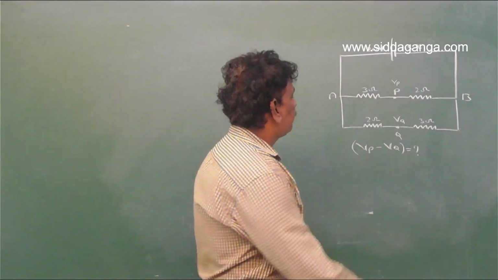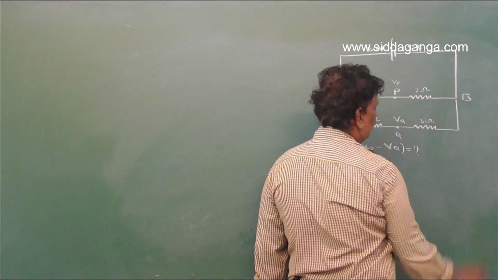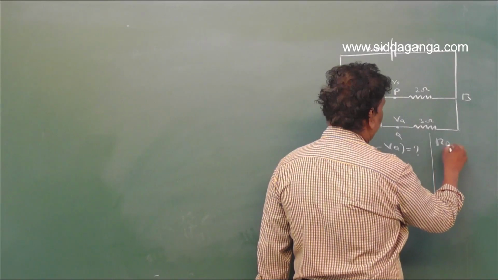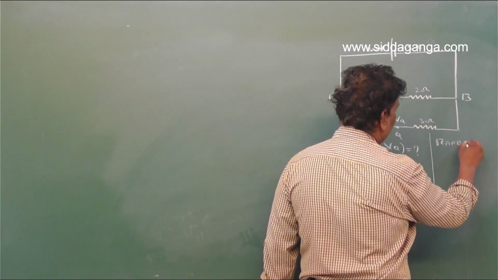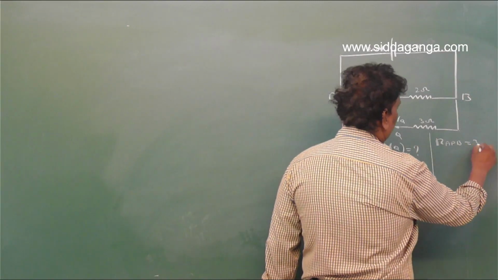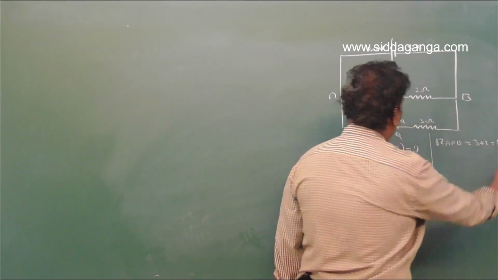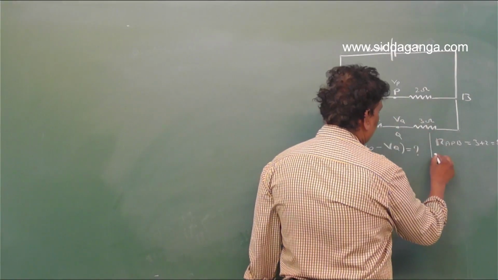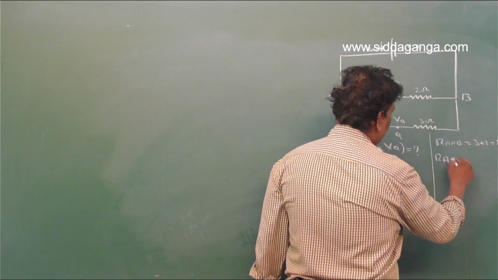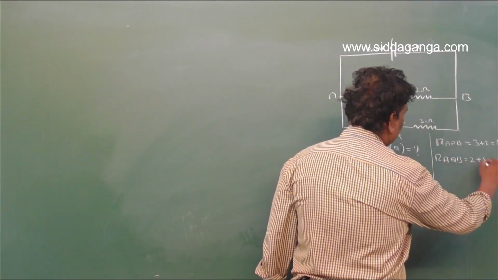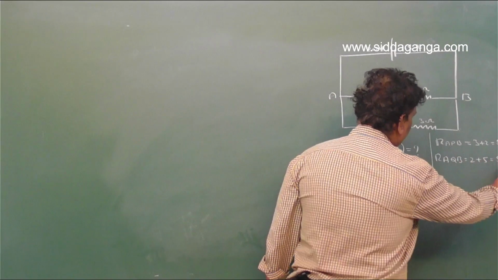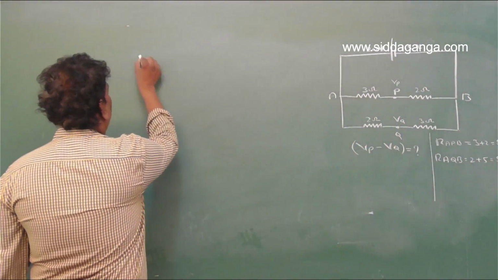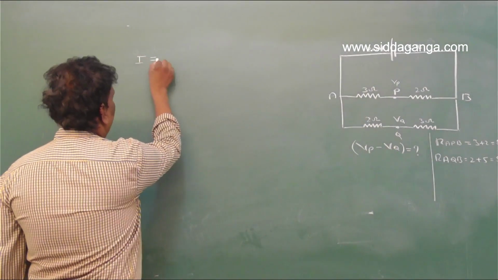Now here these two resistances are in series, therefore the resistance of the branch APB is equal to 3 plus 2 is equal to 5 ohm effective resistance. Again 2 ohm and 3 ohm are in series, that is R of AQB is equal to 2 plus 3, that is equal to 5.